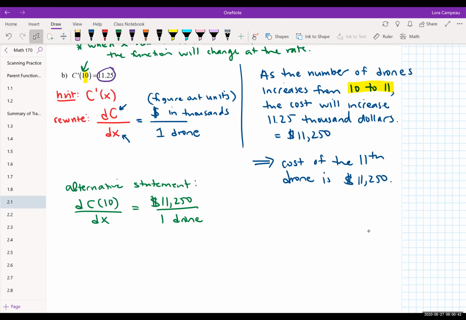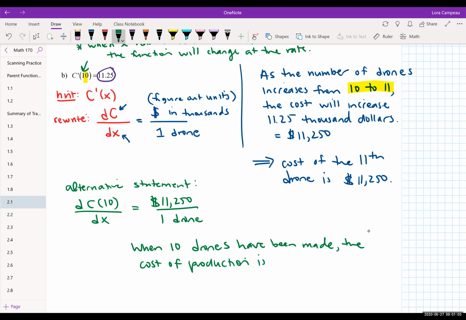So when 10 drones, I've already said it, but it's not bad to write it down one more time just in case we miss it. When 10 drones have been made, the cost of production is increasing. Why would we say increasing? Well, let's double check. What was the sign of that? Yes, the sign is a plus. Well, it's not written, but it's implied.